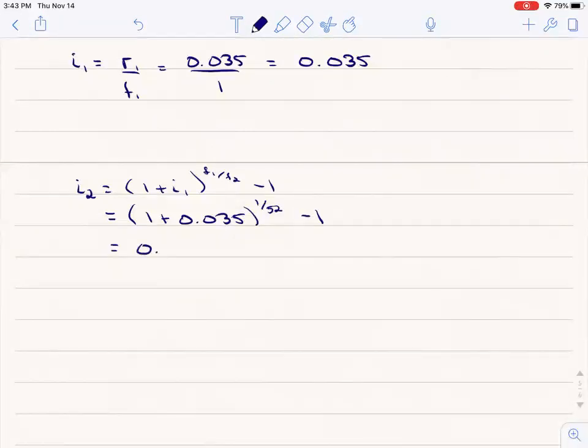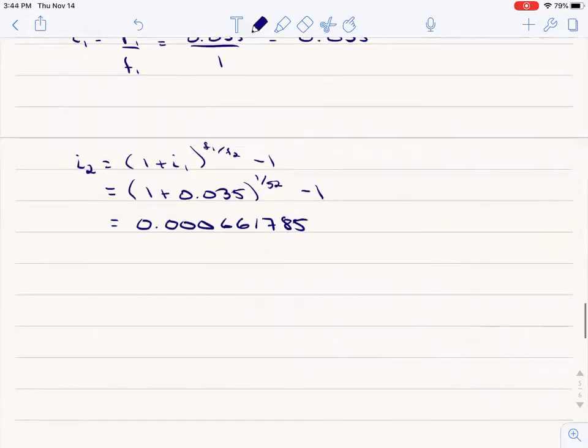I get 0.0012366178 5. That's how much interest we make each week. Okay, so now we have our I2, so that's good. So now we can calculate N.